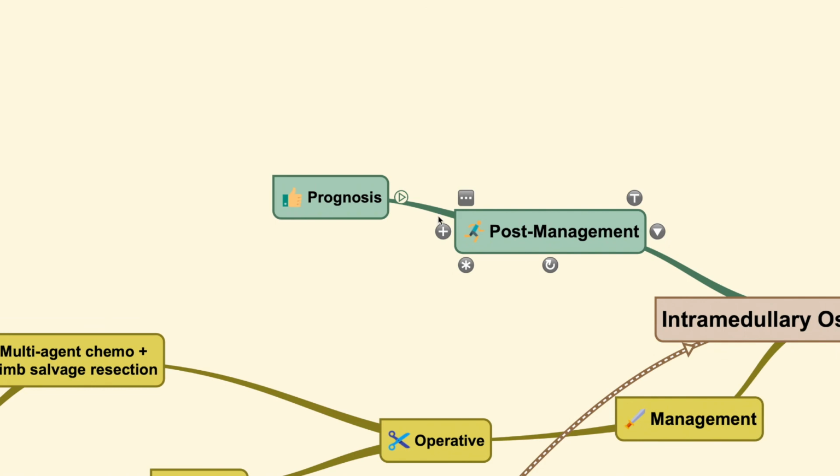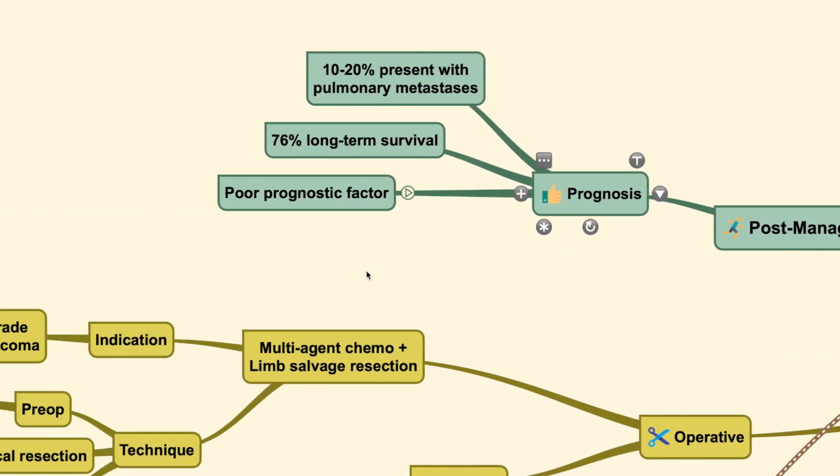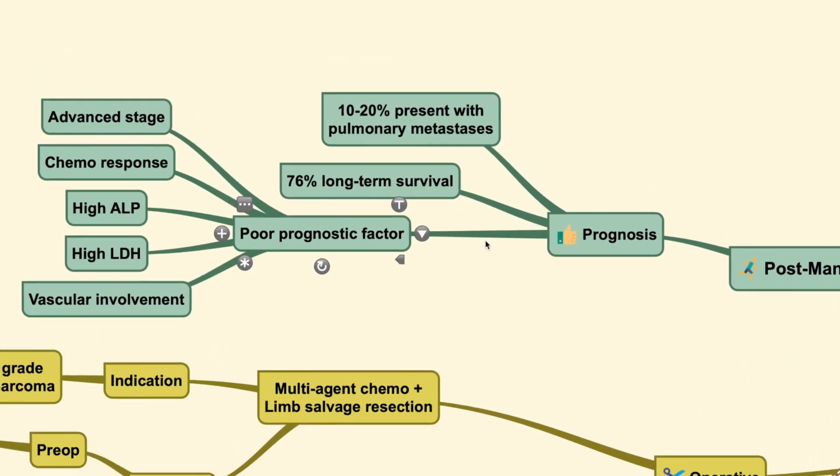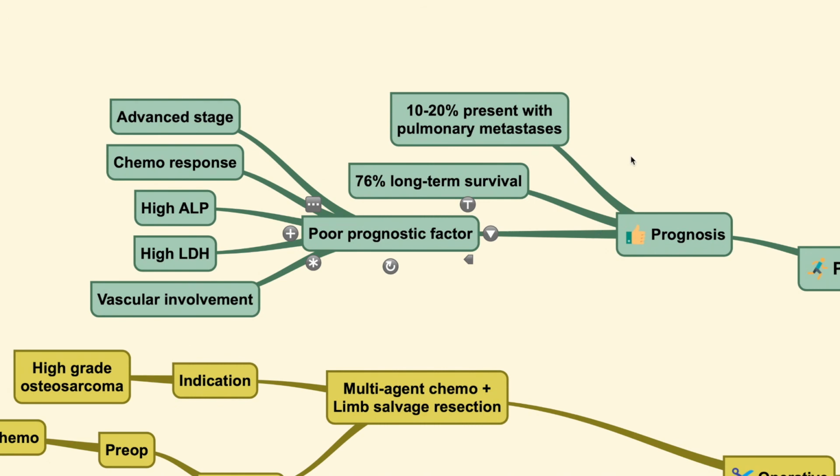Next would be the post-management program, which shows us how much the prognosis is. We could see that for patients with classic osteosarcoma, usually when they come to us, 10 to 20% already have pulmonary metastasis, and usually these patients have around 70% long-term survival rate.